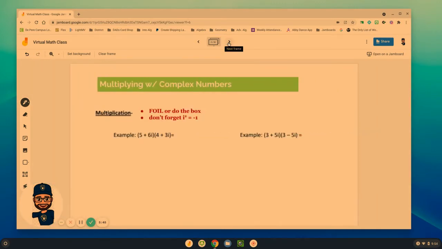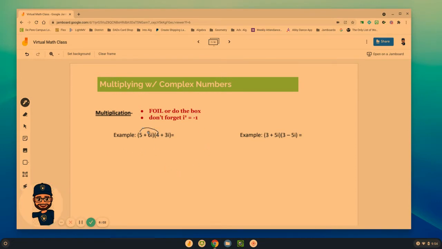Same thing with multiplying. We can multiply and still continue to distribute. We can multiply a lot of things together. Just don't forget that we could use FOIL or the distributive property here, or even the box method. So I'm going to draw some lines.